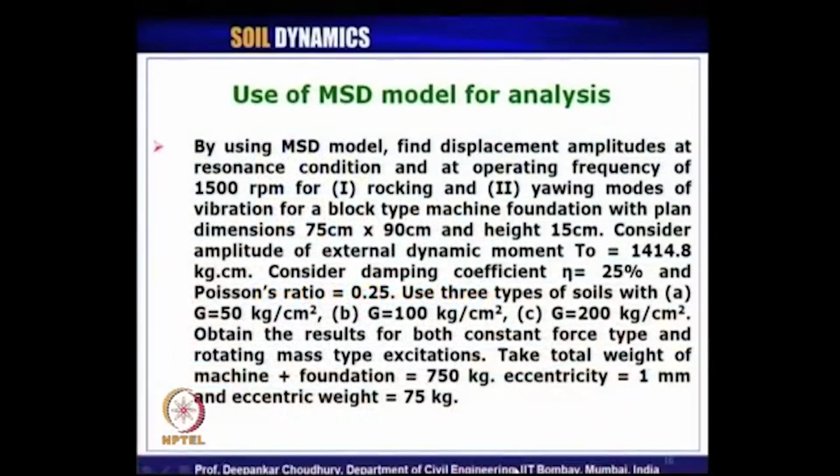Now, today let us solve another similar problem, that is by using mass spring dashpot model, find the displacement amplitudes at resonance condition, also at operating frequency of 1500 RPM for rocking and then yawing modes of vibration for a block type machine foundation with plan dimension of 75 centimeter by 90 centimeter and height of 15 centimeter.